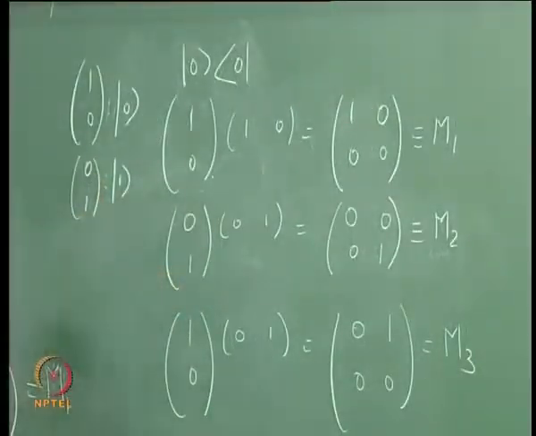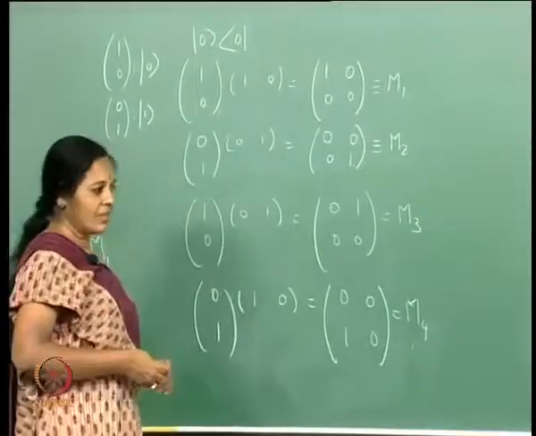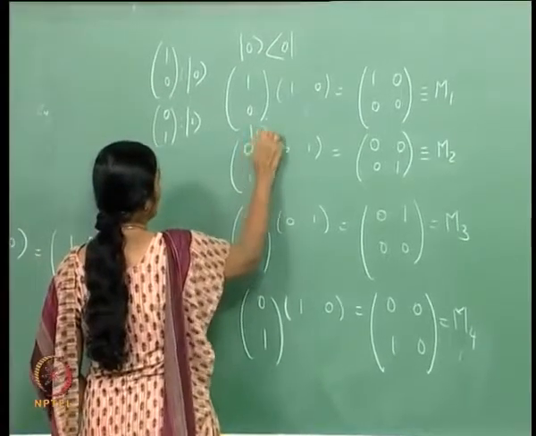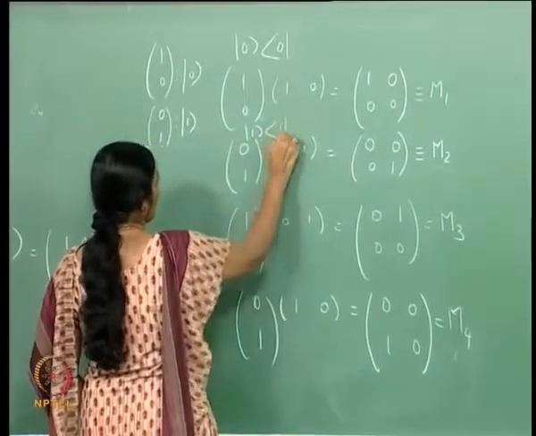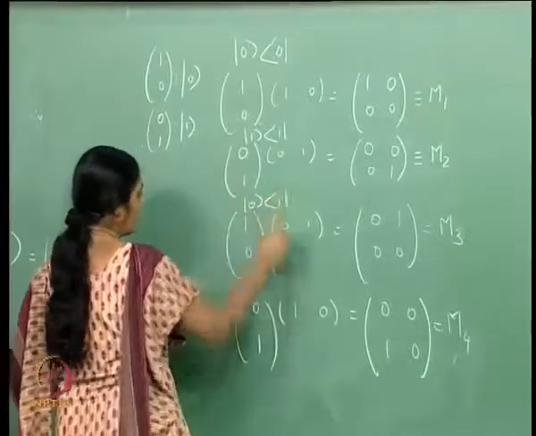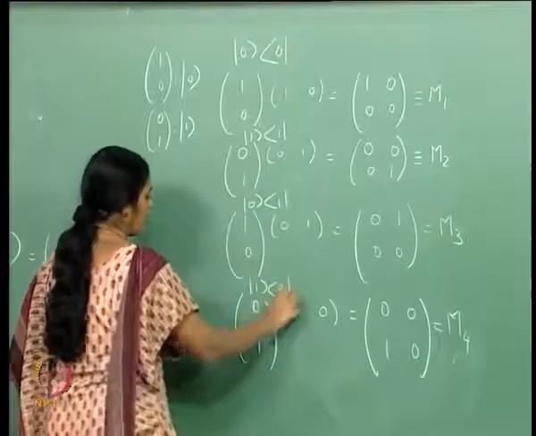I am using the word matrix and operators interchangeably because I can represent operators by matrices. And this is a 0 1 and that is another 0 1. This is a 1 0 with a 0 1 and this is a 0 1 with a 1 0.